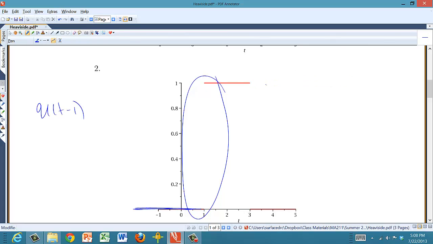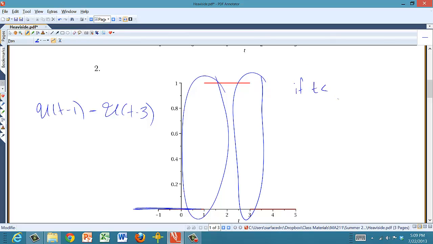What we want is a second jump here, and that's going to correspond to a second Heaviside function. So what we'll do is we'll subtract off u of t minus 3. Now what this will do for us is the following.